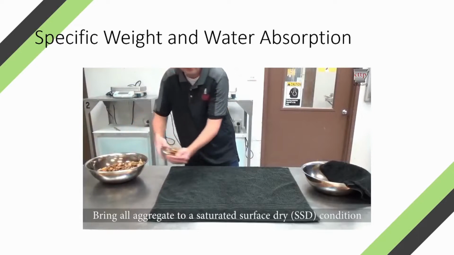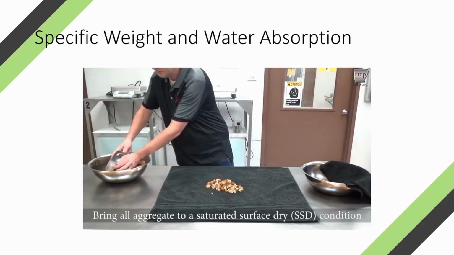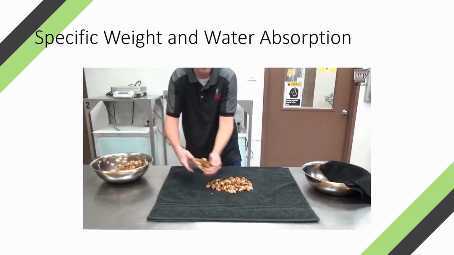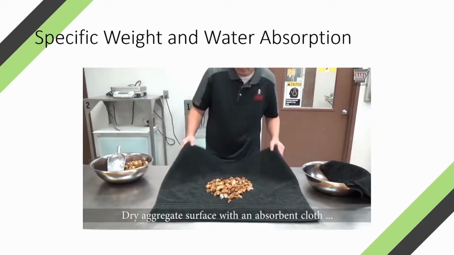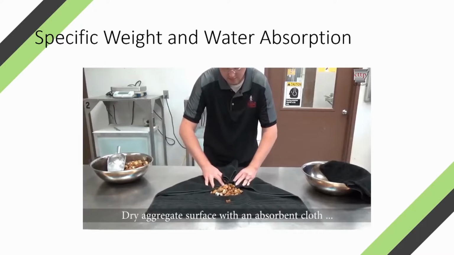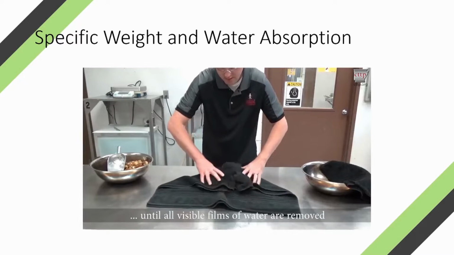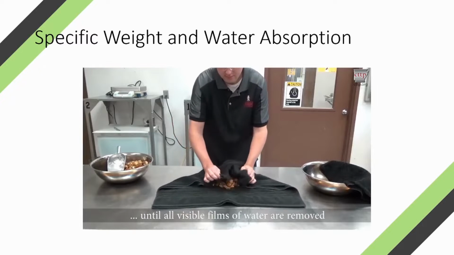Bring all aggregate particles to a saturated surface dry or SSD condition. Dry aggregate surfaces with an absorbent cloth until all visible films of water are removed. Particles should appear damp but not shiny.